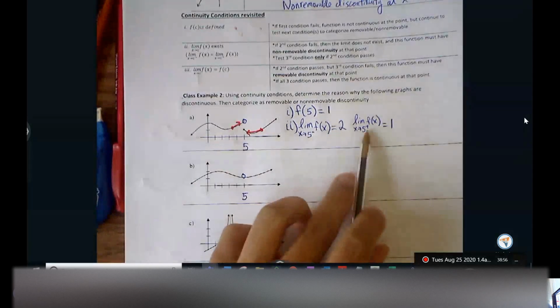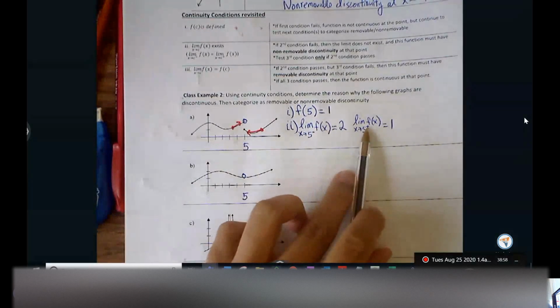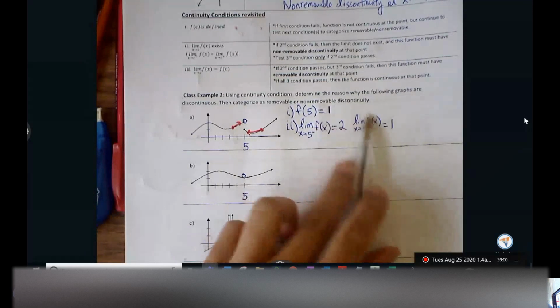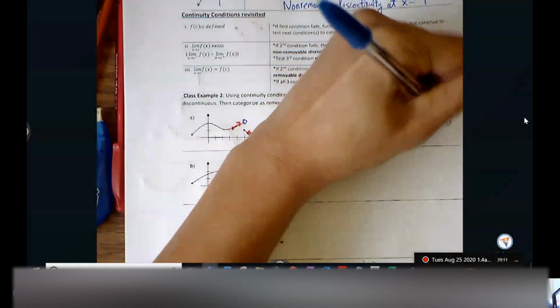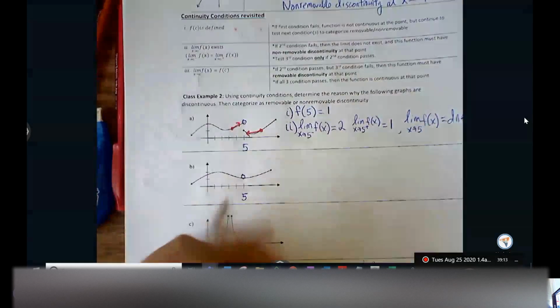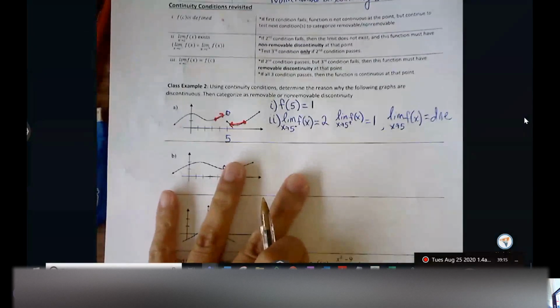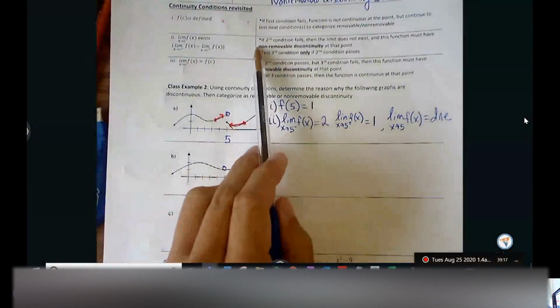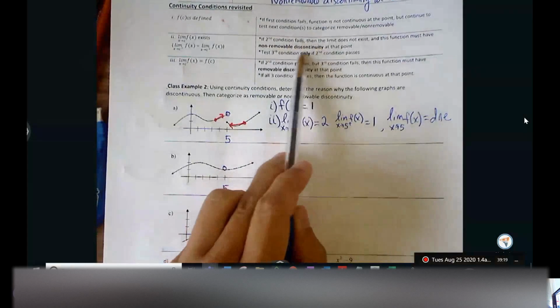And then because of the information that we gathered, we can conclude that the full limit does not exist. And if the full limit doesn't exist, we stop because we know exactly what type of discontinuity we're dealing with.